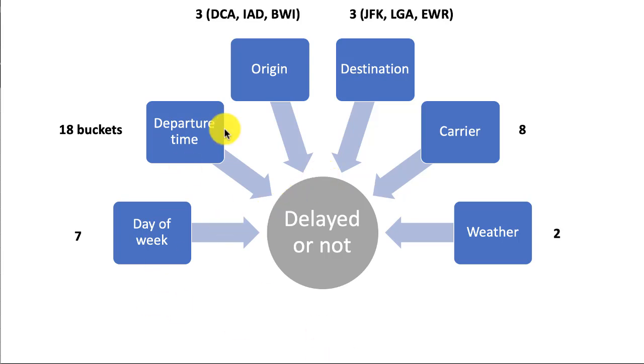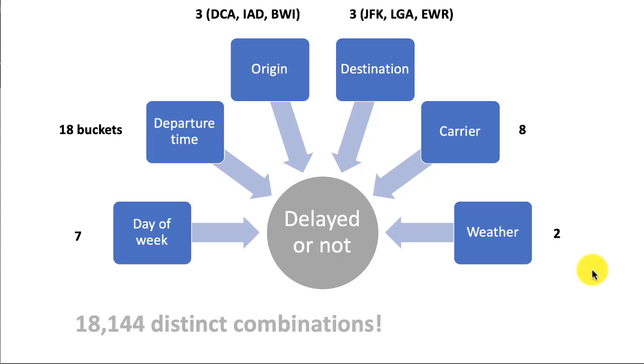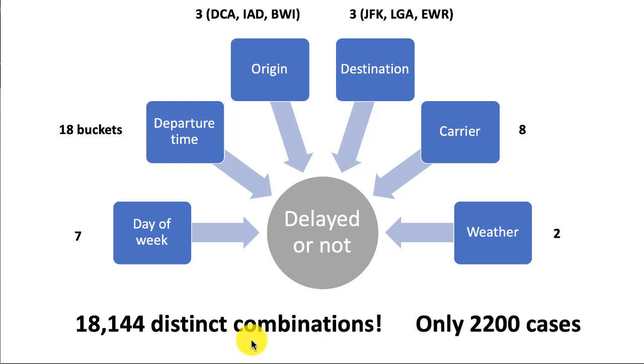So what is the total number of combinations of the predictor attributes? If you multiply all of these, there are 18,144 distinct combinations, and our data set has only 2,200 cases. Suddenly the data set of 2,200 that looked large looks puny in comparison with the number of possible combinations, right?